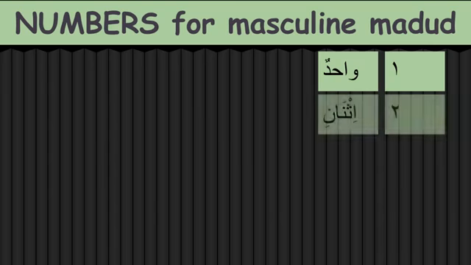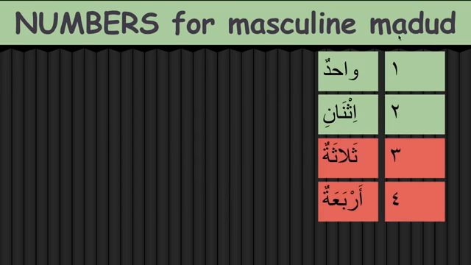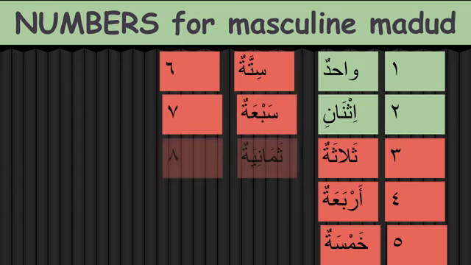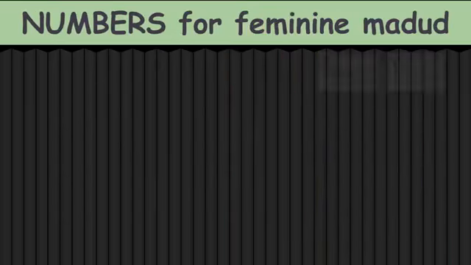So just to recollect: wahid, ithnan, thalatha. For the masculine ma'dud, we have feminine numbers with the ta marbuta: ثلاثة أربعة خمسة ستة سبعة ثمانية تسعة عشرة. These are the numbers we use for masculine nouns from 3 to 10, and 1 and 2, because they are na'at of the ma'dud, will have masculine numbers.